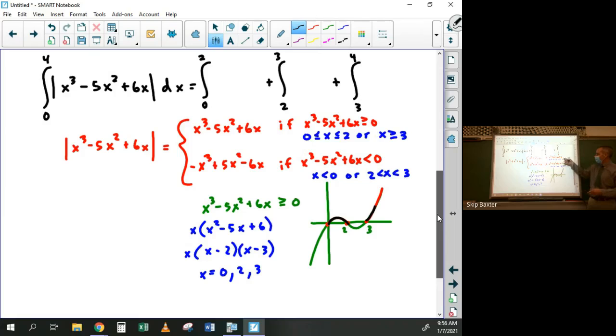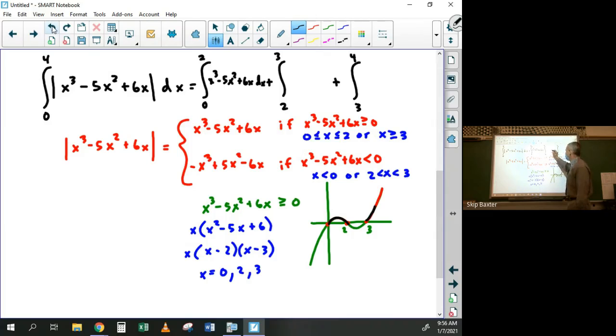Then it's just a matter of figuring out which is which, right? It's going to be the top function in the first and the third integral here, and the bottom function in the middle one. Agreed? So this first one is x cubed minus 5x squared plus 6x dx.